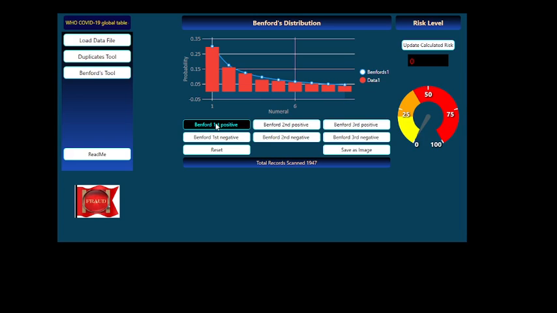Remember, this is not a tool to diagnose fraud. This is just going to indicate whether or not the data conforms to what's expected of a naturally occurring set of numbers. And this definitely does on the first digit and for the most part on the second digit of the CDC COVID-19 comorbidity tables.